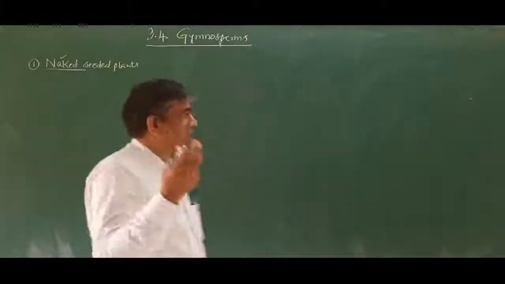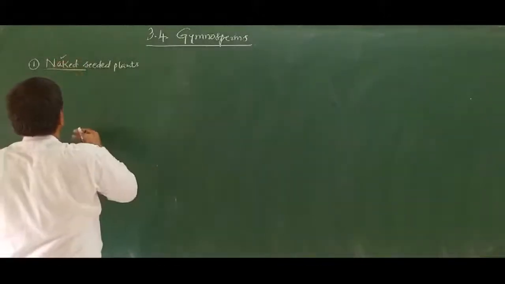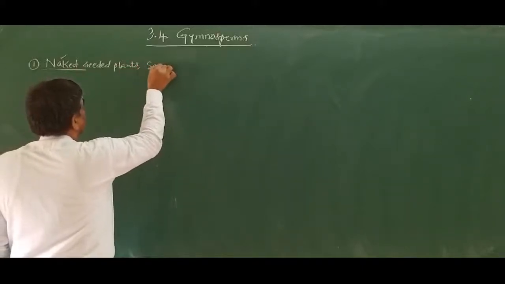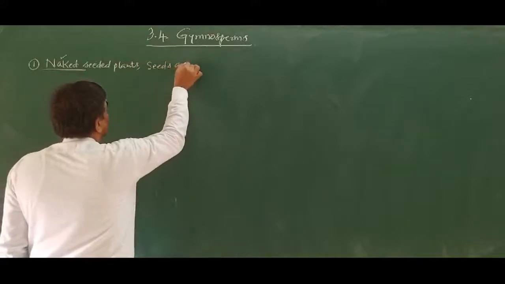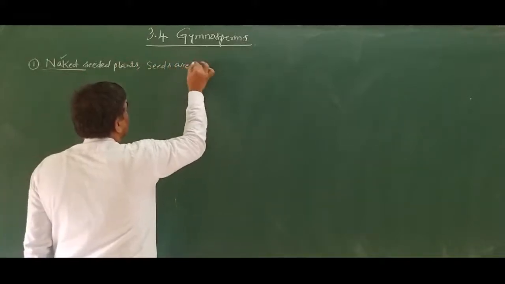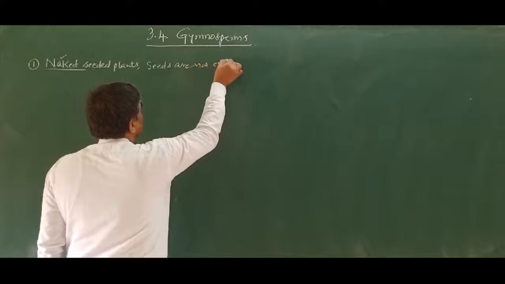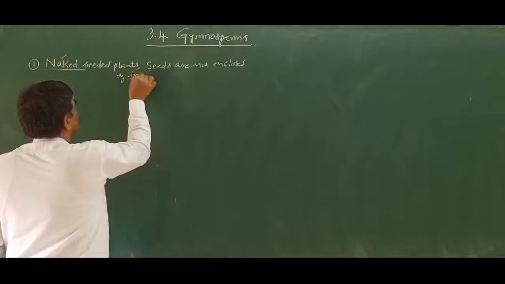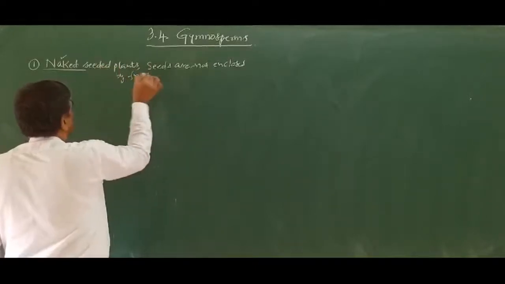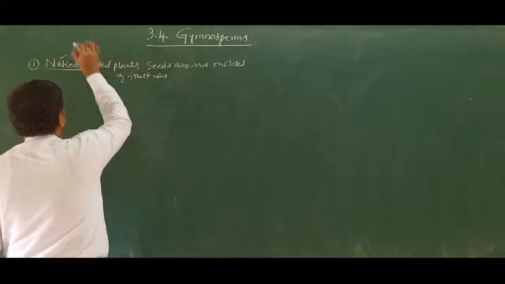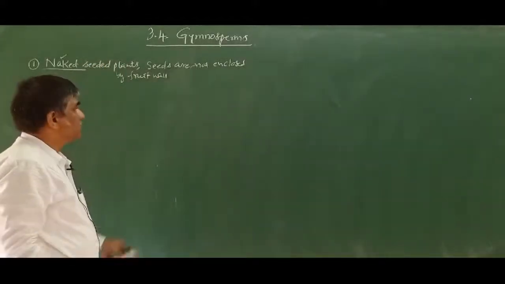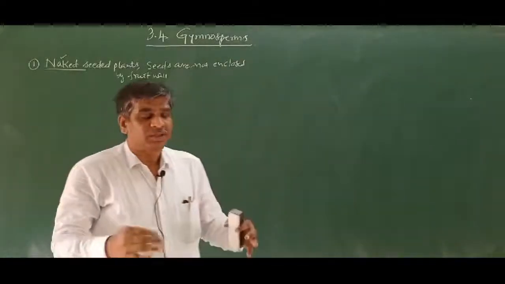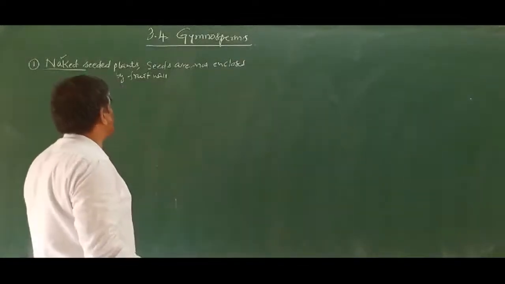I think you can understand the meaning of the word naked, which means the seeds are not enclosed by fruits, or by a fruit wall. Hence these are called naked seeded plants. Seeds are exposed. Seeds are not covered by fruits. Therefore these plants are known as naked seeded plants.